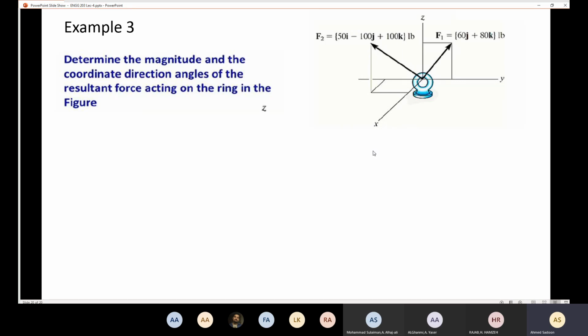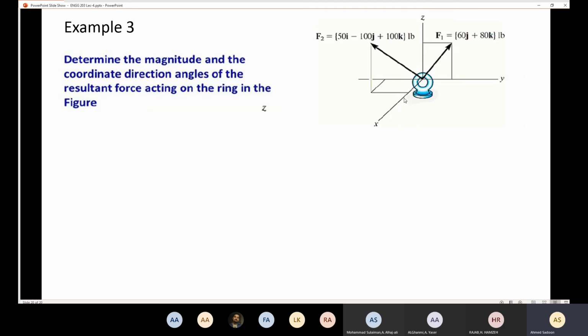So if this one was down, what will happen? That part is going to be negative because the vector has a component in negative z. And if that vector was here, then all the components are going to be positive. And if it was here, but it was down, then in the z direction, this part is going to be negative. So if the vector is located on the top, the z part, the k, is going to be positive.